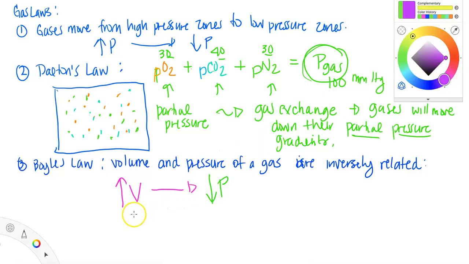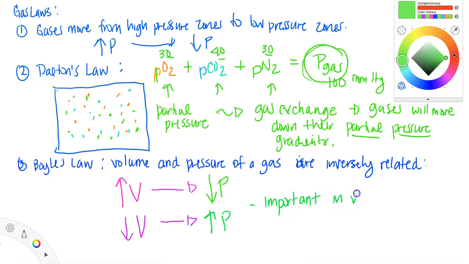And if the volume of the gas is low, then the pressure is high. So this is important in ventilation.